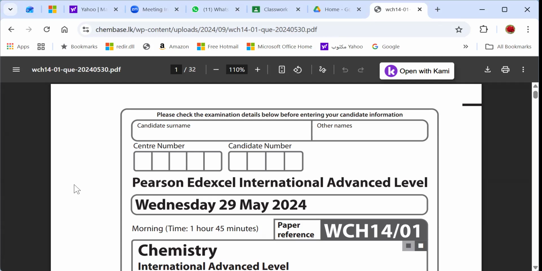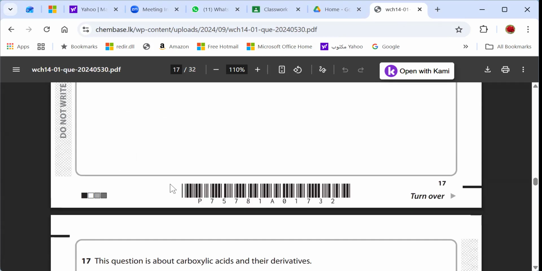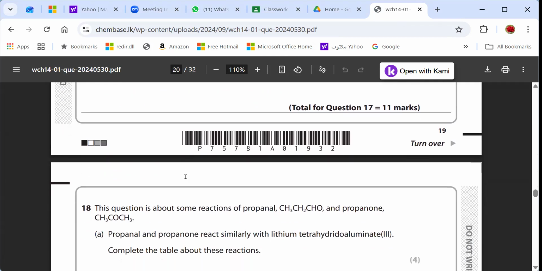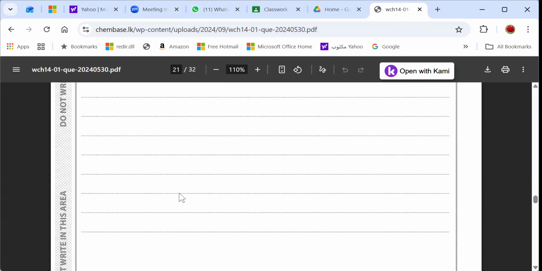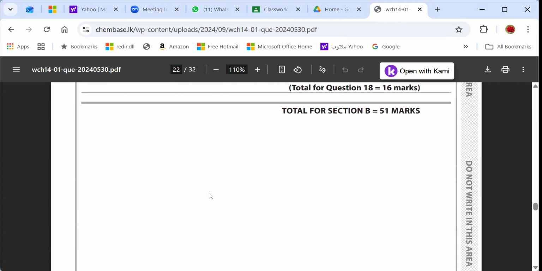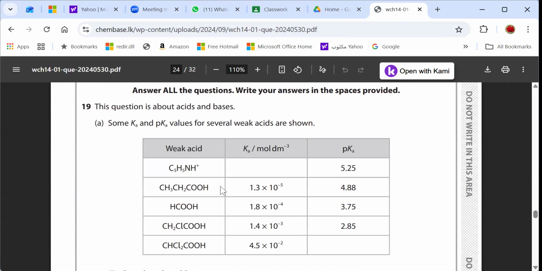Number 19. This is number 19. Of course, I'm not going to go through it all.